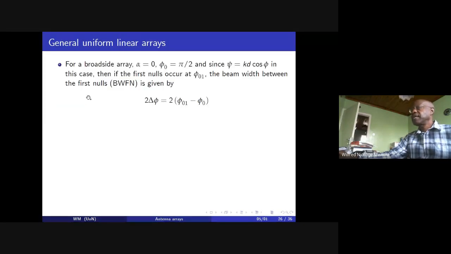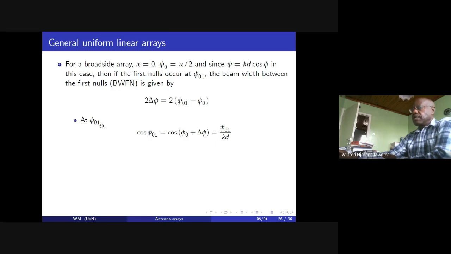For a broadside array, we would get an alpha equal to 0, so that phi naught is equal to pi by 2, and hence psi would be simply given by the electrical length kd multiplied by the cosine of phi. If the first nulls occur at phi naught 1, the beamwidth between the first nulls, that is dFN, is going to be given by twice delta phi, equal to twice phi naught 1 minus phi naught.